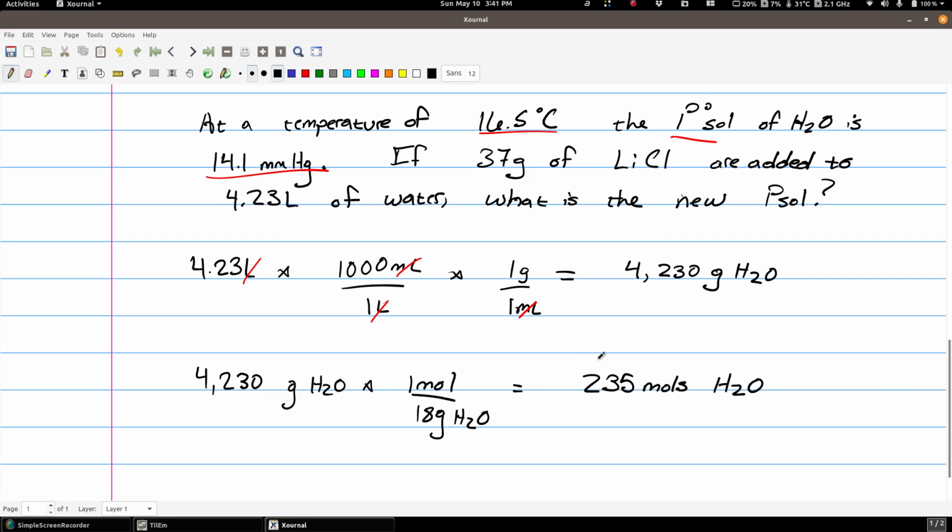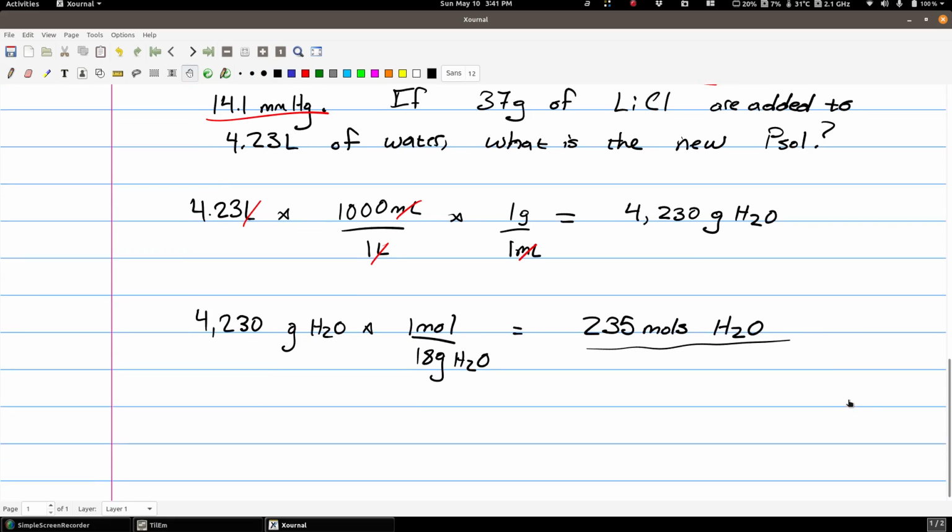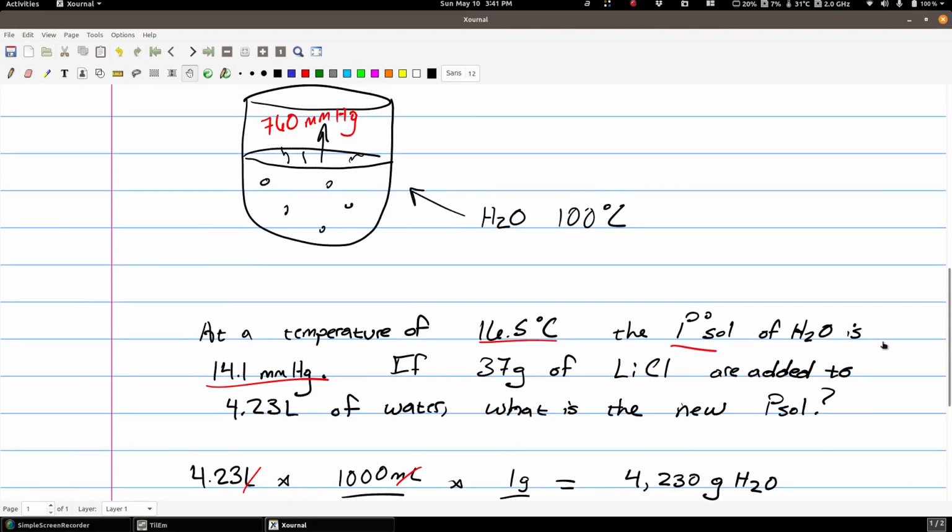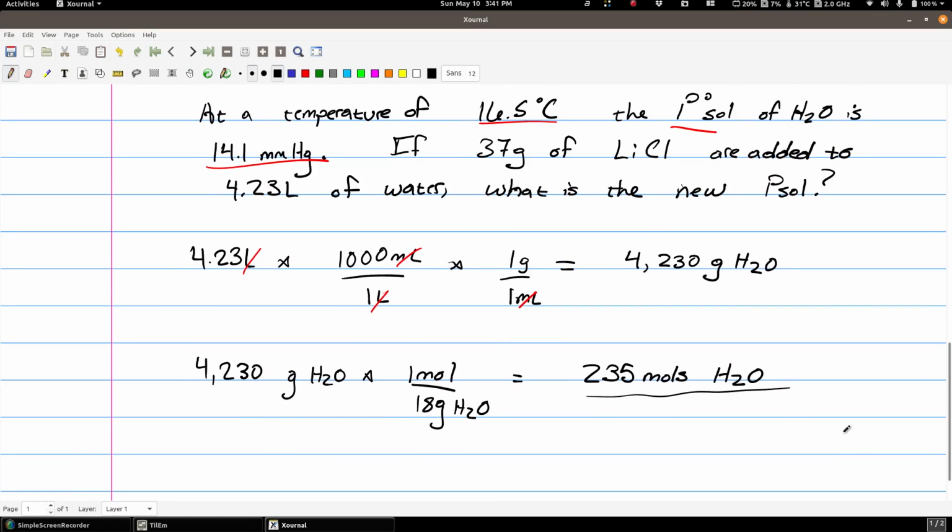All right, so this is important. Now, lithium chloride. I'm going to just look this up on my phone. Lithium chloride is 42.39 grams per mole.